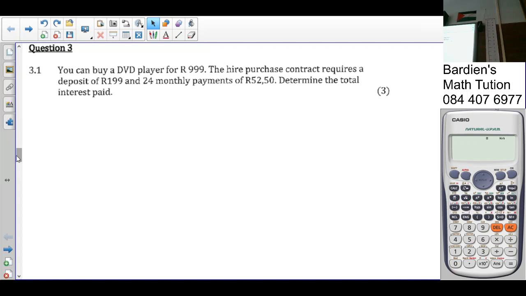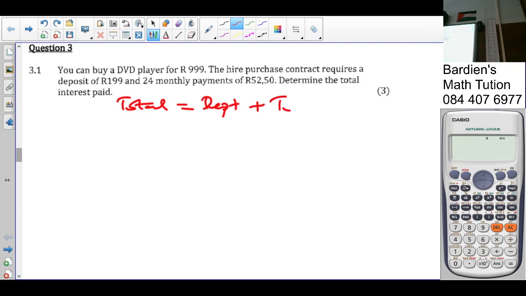Right, question 3.1. You can buy a DVD player for $999. This is a couple of years ago. The hire purchase contract requires a deposit of $199 and 24 monthly payments of $52.50. Determine the total interest paid. So to work out the total amount paid, the total is going to be the deposit plus your total monthly installment amount.